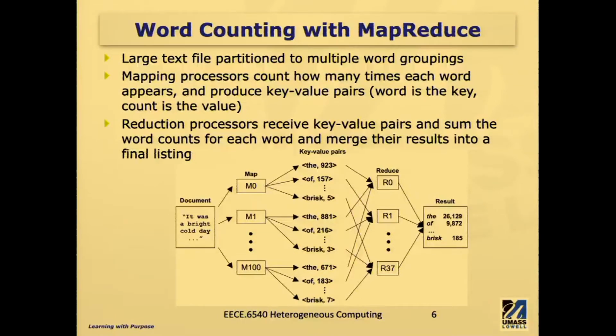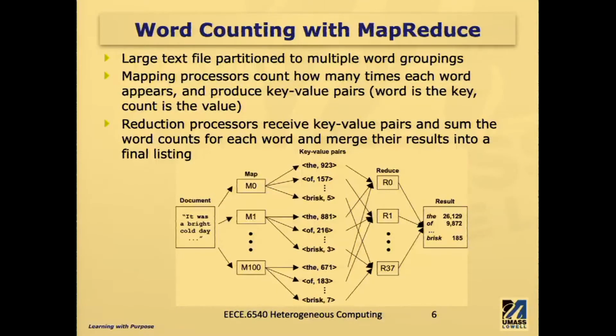In the reduction stage, we will decide how we should group all these key value pairs. In this example, as you can see, for all the keyword the, we will send that key value pair to reduction processor R0. This is good. With this reduction strategy determined, we can expect that R0 will have all the key value pairs where the key is the.